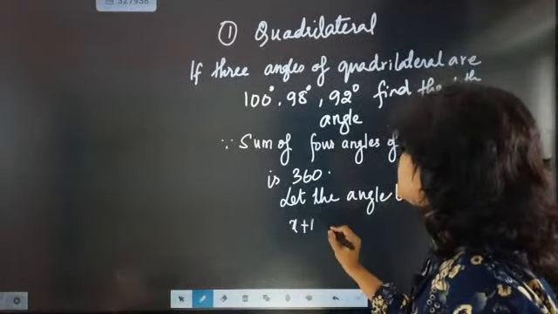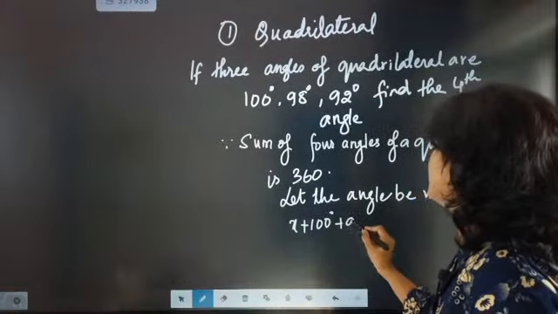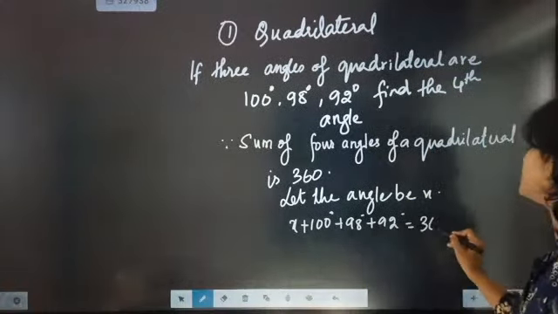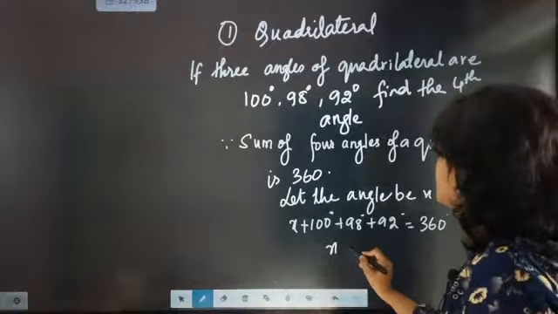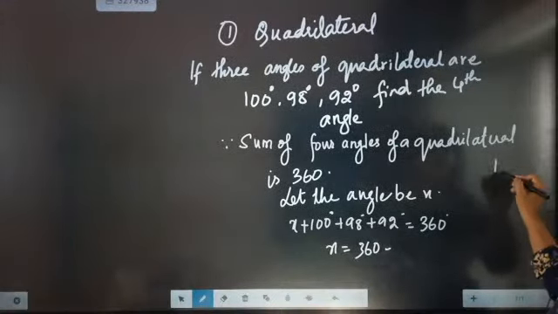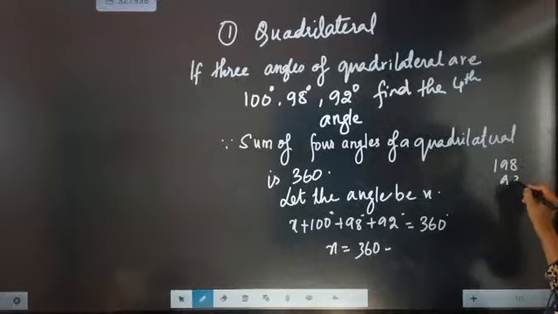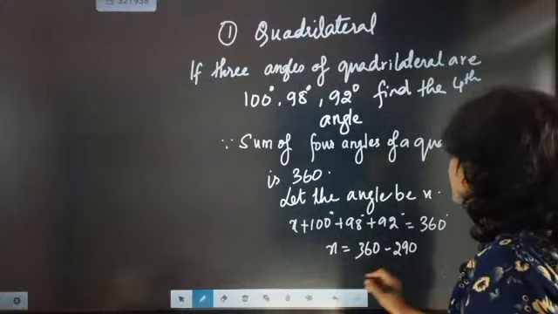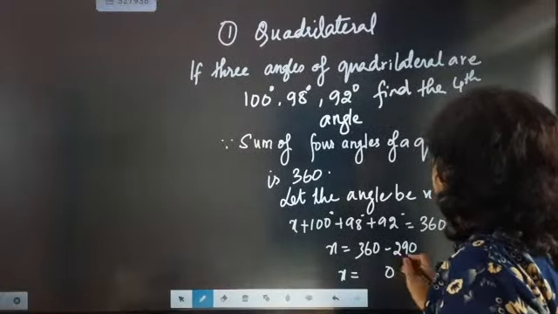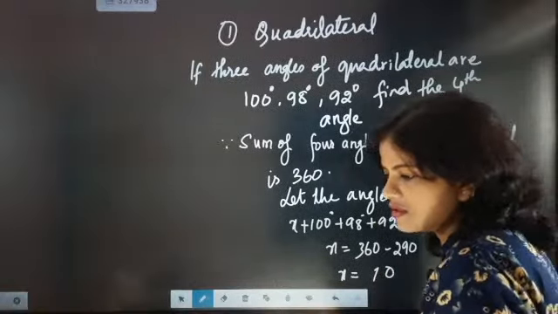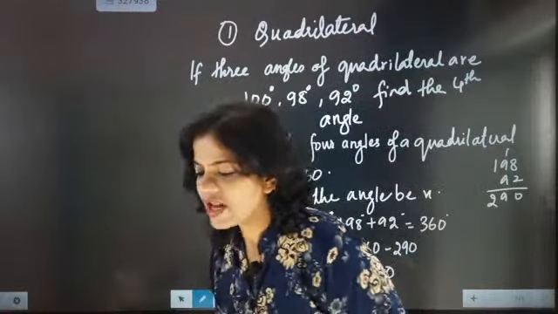Now x plus 100 plus 98 plus 92 equals 360 degree. So x will be 360 minus 290, which is 70 degree.